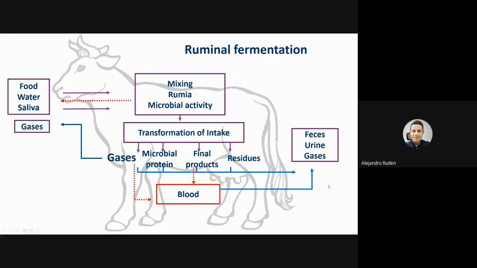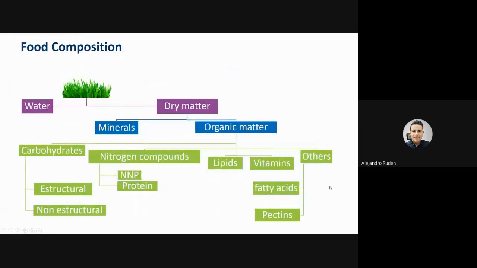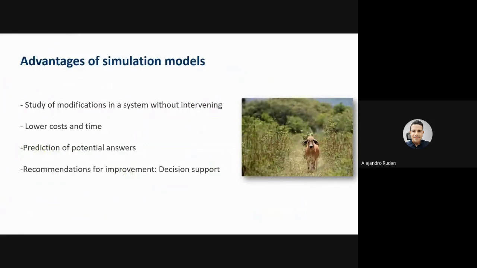Among others, there's a symbiotic relationship with the microorganisms that generate byproducts, such as methane. And all the feeds that the animals consume are composed of water and dry matter, among others. So what we do with simulation models is to estimate how much of these byproducts are generated by the animal from knowing this composition of feed.